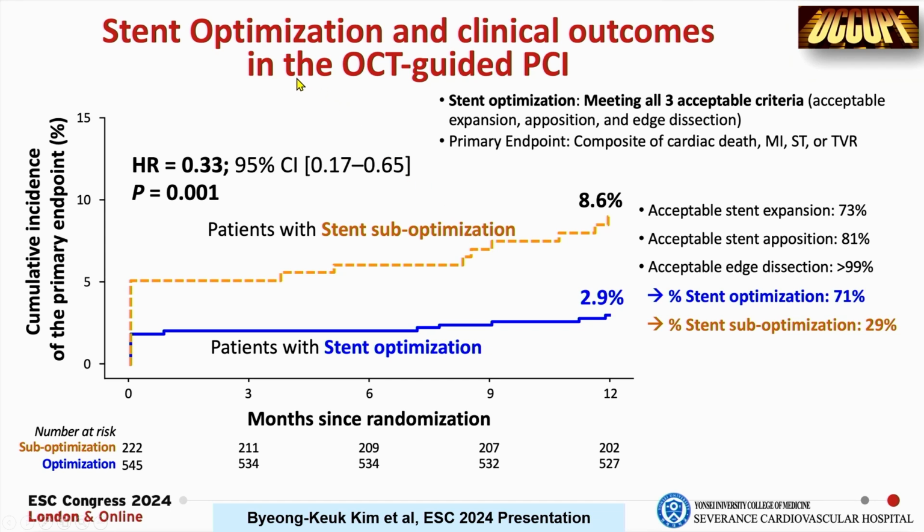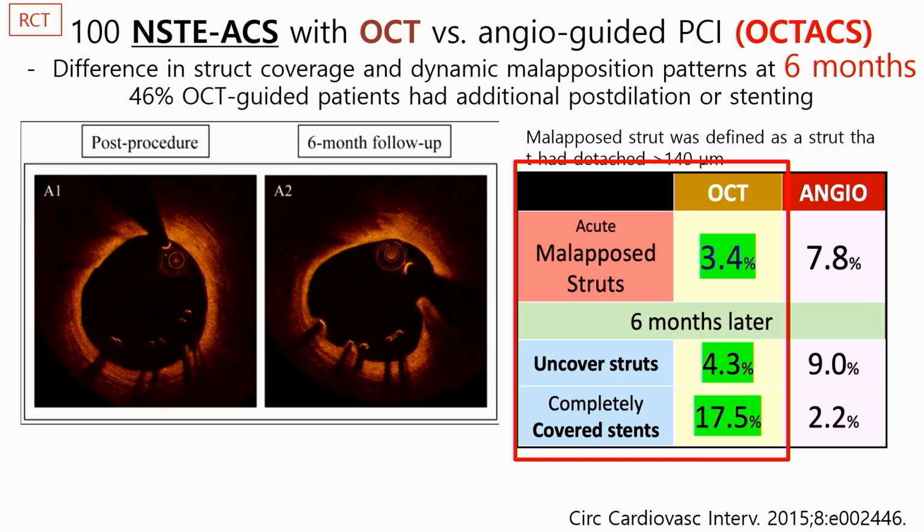From the results, we can see the stent optimization and the clinical outcome in the OCT PCI groups. We can see patients with stent optimization and another group with stent suboptimization. We can see the difference with and without optimization. So OCT can provide a better image to perform stenting properly.